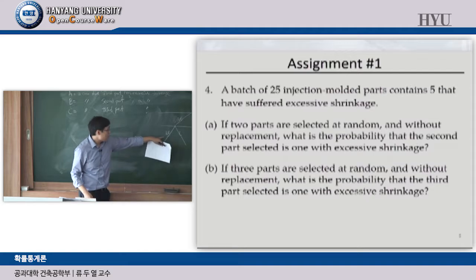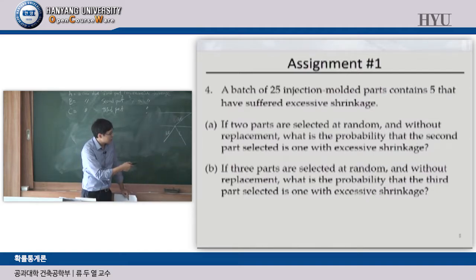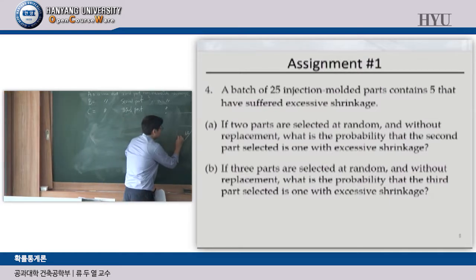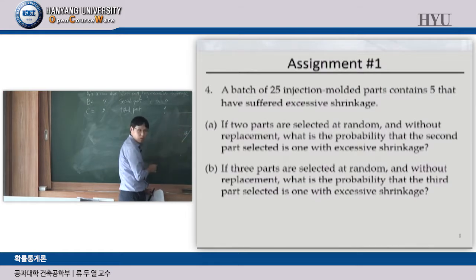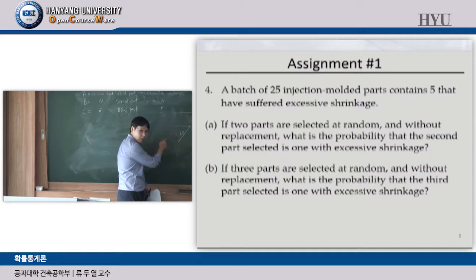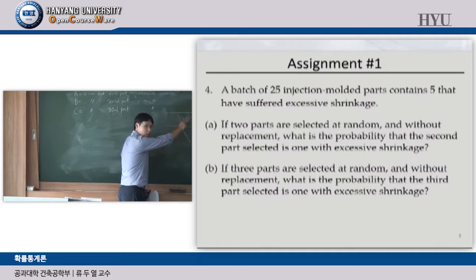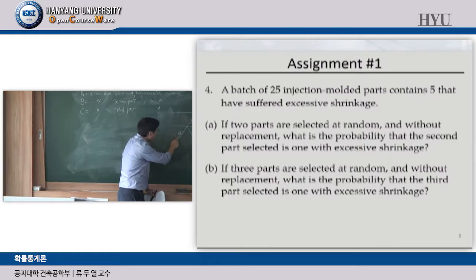And what is the probability of the non-excessive for the case of this second part? This will be 19 over 24, right? That is the conditional probability. Do you remember that? Because the non-excessive case was selected in the first part, right? And then we can select the non-excessive part with this probability.